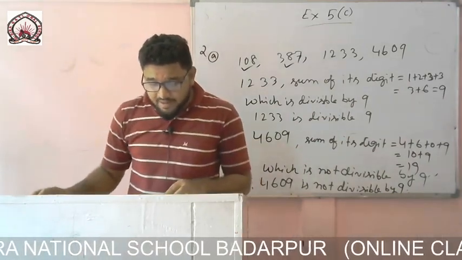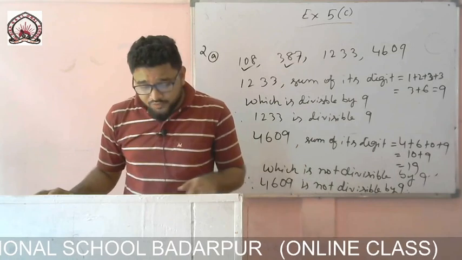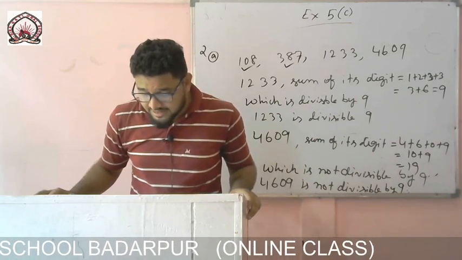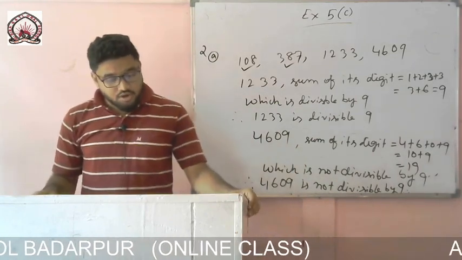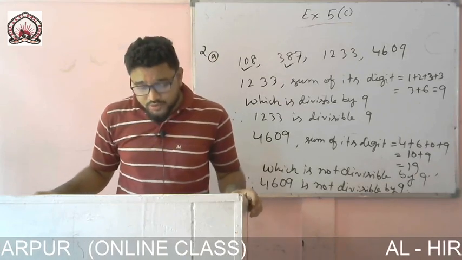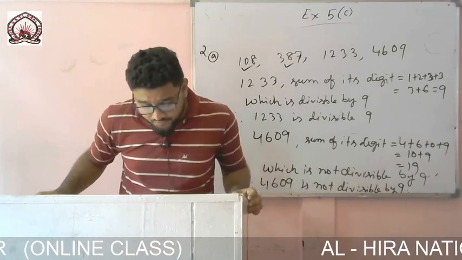Now come to question number 3. In each of the following, find the numbers that are divisible by the first number. So in the box you see, we have to check the divisibility of 4.